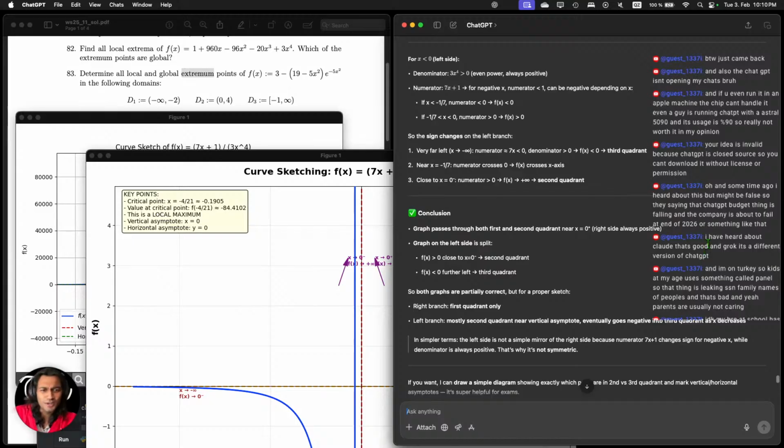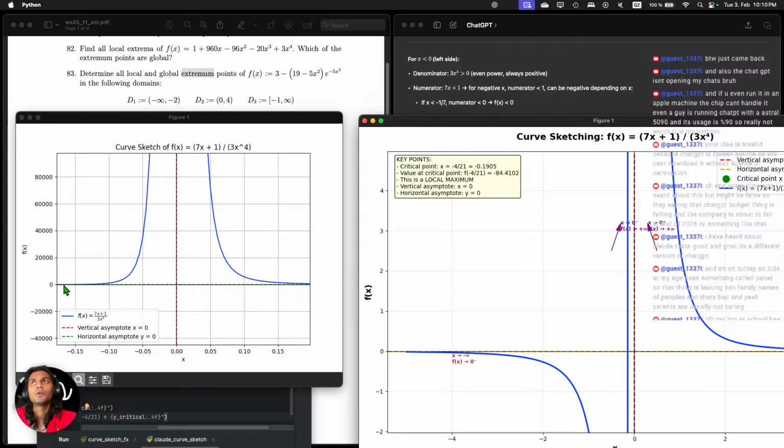Partial, bro, what? Mostly second quadrant near vertical asymptote, eventually goes negative into a third quadrant as x decreases. Where is the zero? Yeah, there we go. The zero is here.